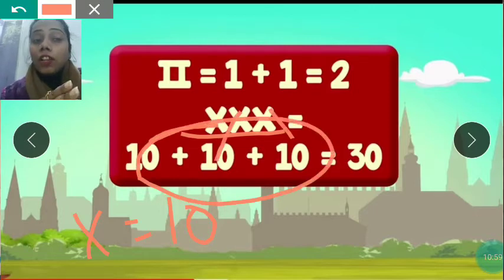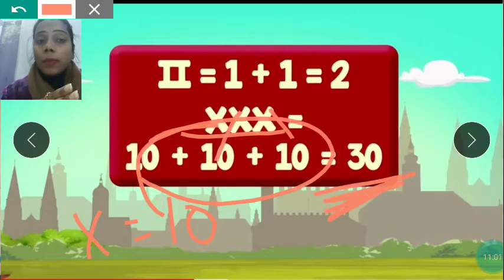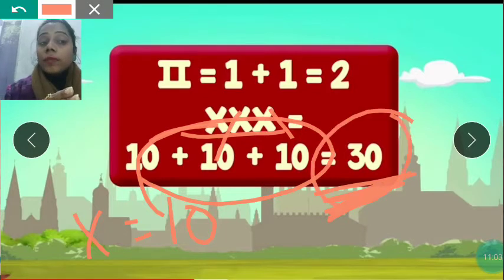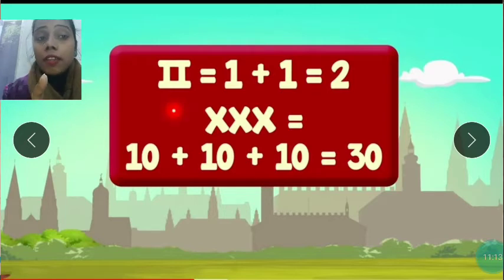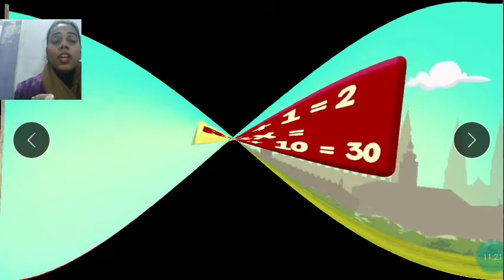What number will we obtain here? That will be 30, student. So this is rule number 1, which tells us that when any Roman numeral gets repeated, we have to add its value.